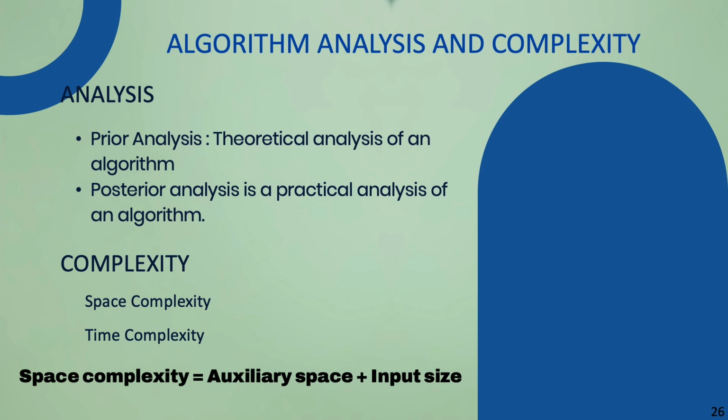One is space complexity and another one is time complexity. By space complexity, we mean the amount of storage space the algorithm demands when it is put into implementation. By demand I mean the amount of storage it expects for its input, the amount of storage it involves as a part of the program implementing the algorithm, and the additional amount of space which the algorithm may demand at runtime.